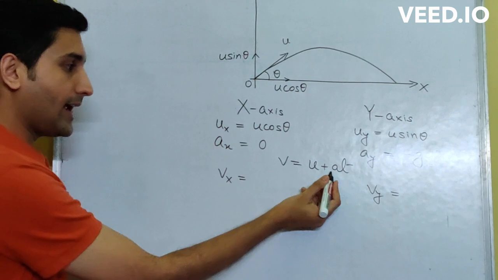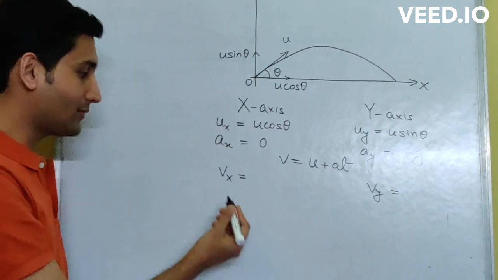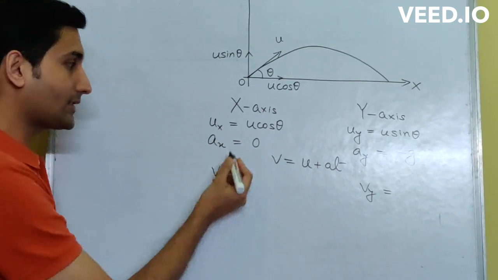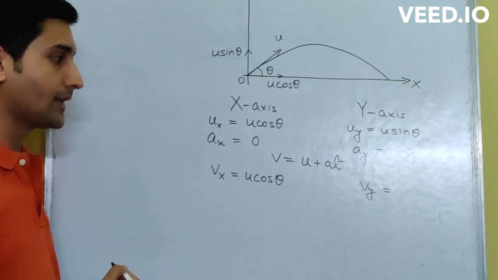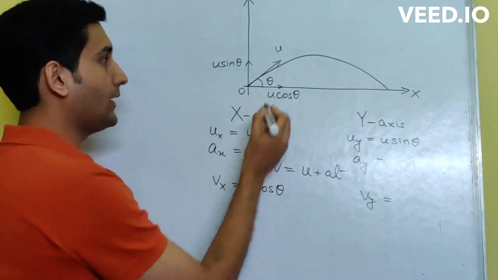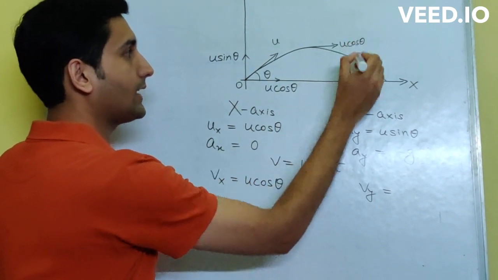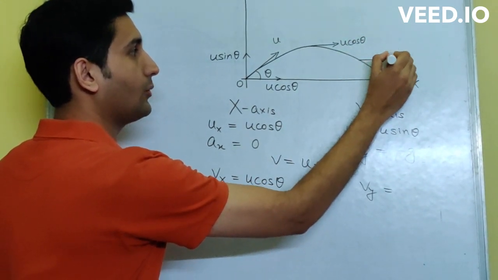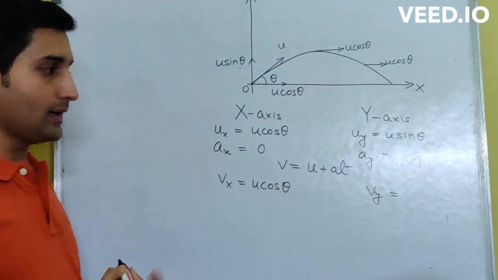As we can see that the acceleration along x-axis is 0, it simply means that velocity along x-axis is constant, and it is u cos theta. Means the particle can be anywhere in the projectile. Its velocity along horizontal is always u cos theta, no matter whichever point we take. And what about the vertical velocity?